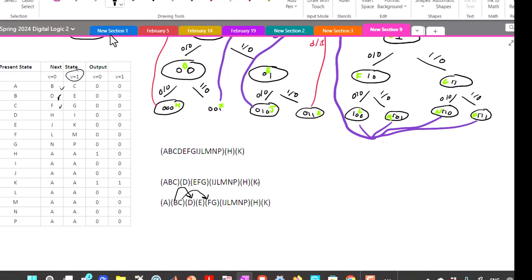Now let's look at F and G. F has as its 0 successor L, and G has as its 0 successor N. So far so good. F has as its 1 successor M, and G has as its 1 successor P. So that's good. Okay, so F and G stay together, but B and C do not.